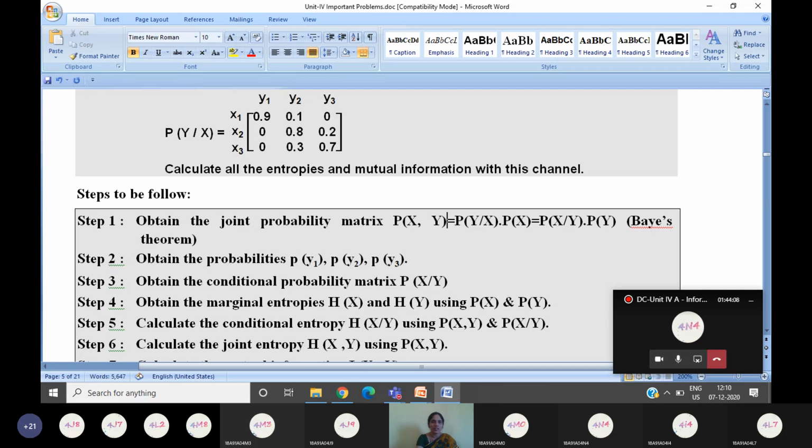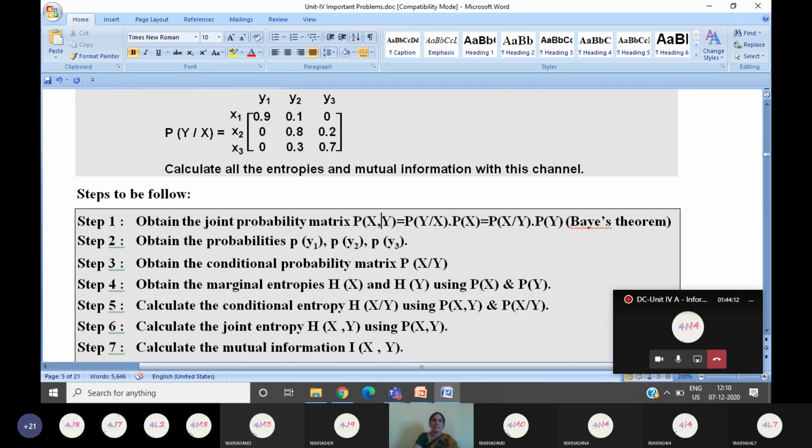Okay, what is the remaining? What is the other conditional probability matrix that you need to calculate? P of x by y. So if you know P of xy and P of y, how can you calculate P of x by y? P of x by y is equal to P of xy divided by P of y.